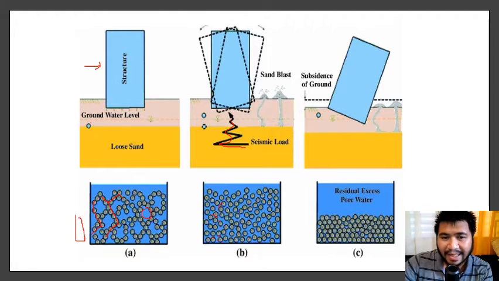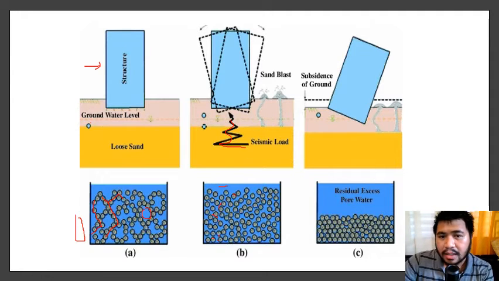They're technically just floating in the water. So the soil here is generally contracting, but the water here is not really draining fast enough. So the pore pressure is just building up, and the pore pressure is high enough that it's causing the soil grains to just float around.